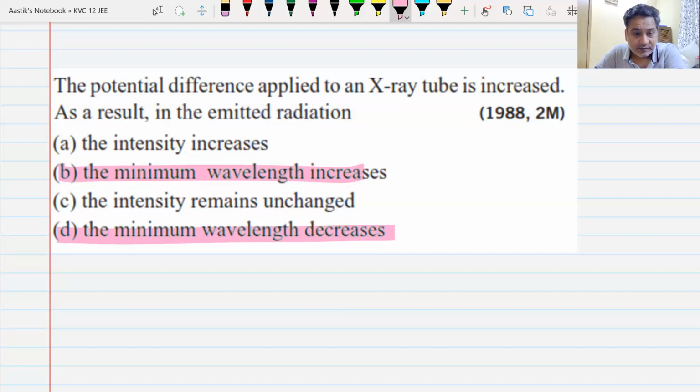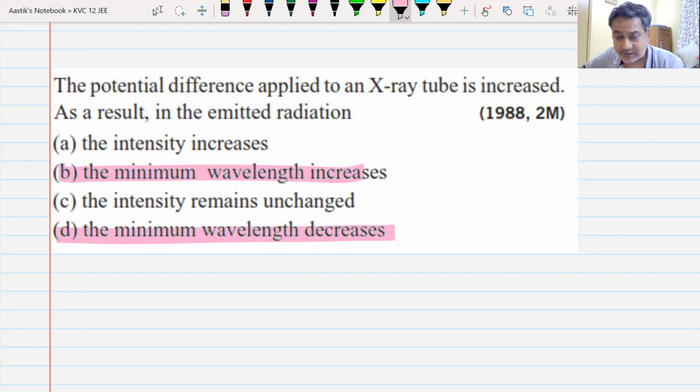Now remember, from this topic and the previous one, you should have at least one question. I did not find any appropriate question that we can do at this point apart from this one, even though it had two parts which were not covered until now. So we will continue with X-rays in the next class.